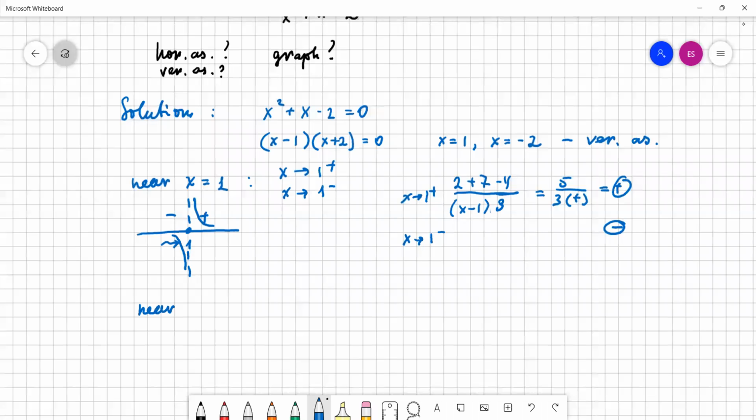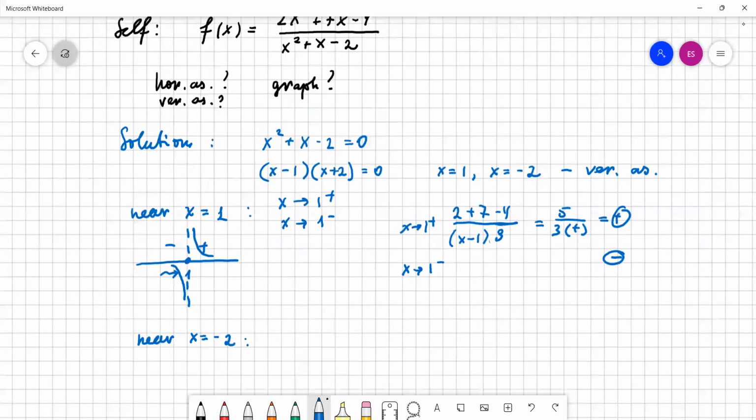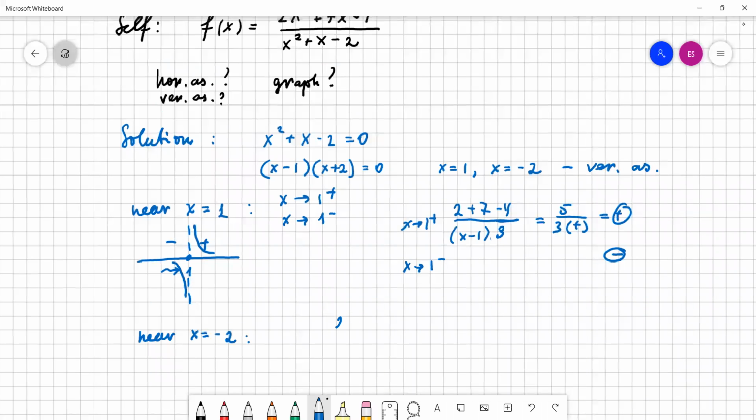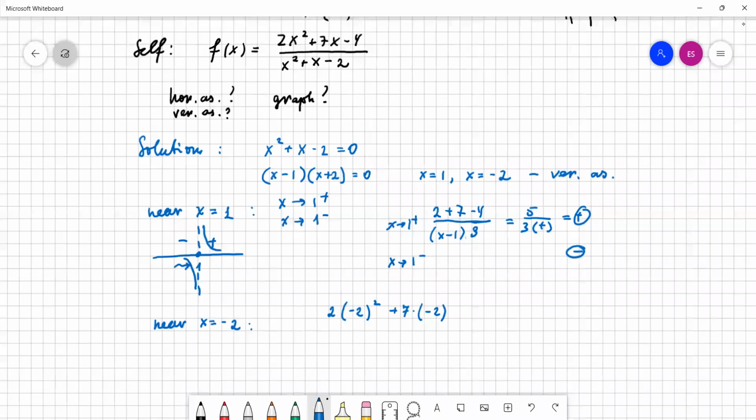Let's repeat the same with minus 2. So near x equals minus 2, I'm going to, again, plug in minus 2 everywhere where it's not giving me 0. So the numerator is 2 times minus 2 squared plus 7 times minus 2, minus 4. The denominator is x minus 1, which gives minus 3, and x plus 2.